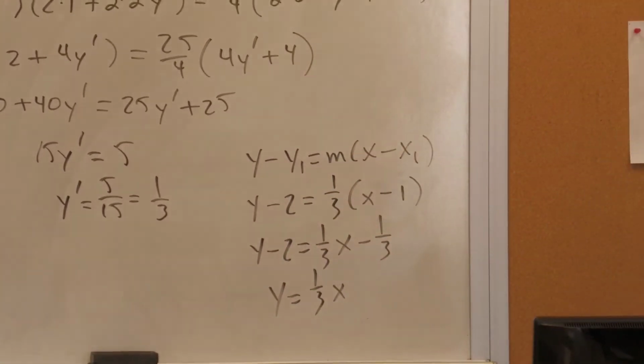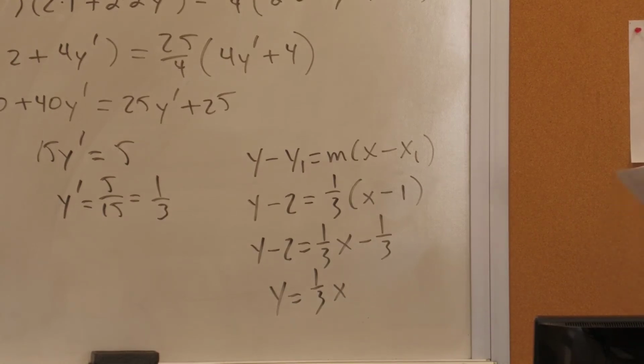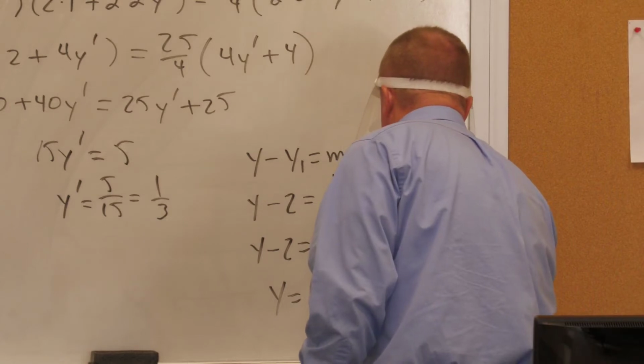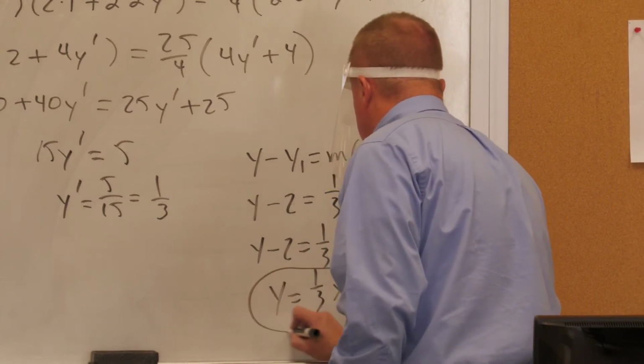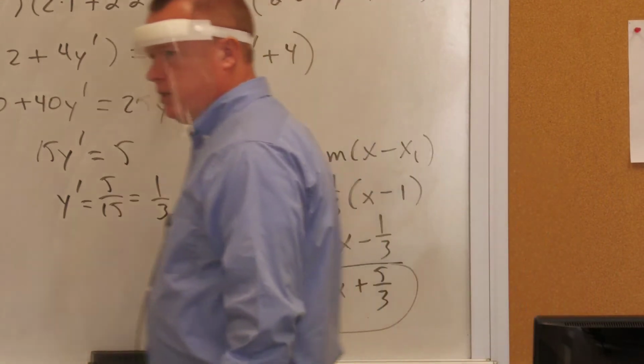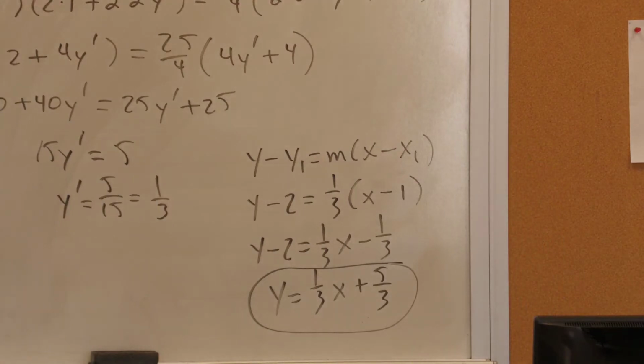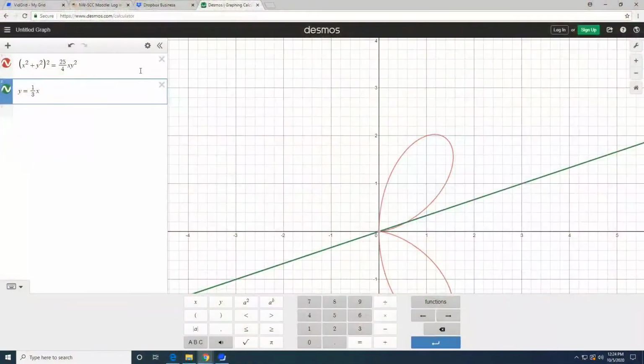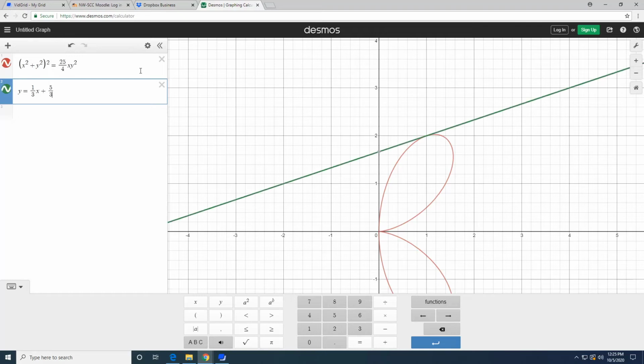Negative 1/3 plus 2, that'll be 6/3 minus 1/3, which is 5/3. That should be our equation of our tangent line: y = 1/3 x + 5/3. So let's see if that matches with our graph. All right, looks like we did good. Any questions about that?